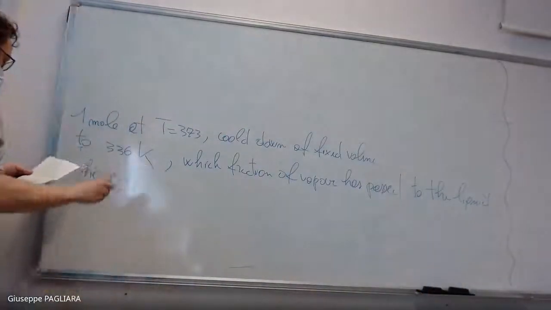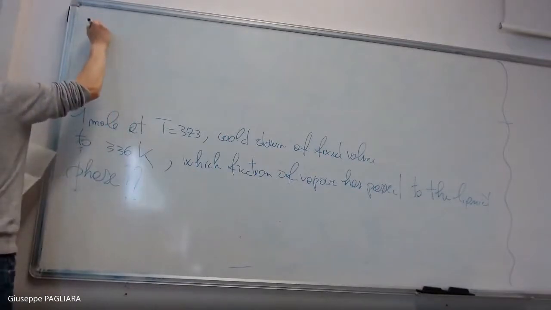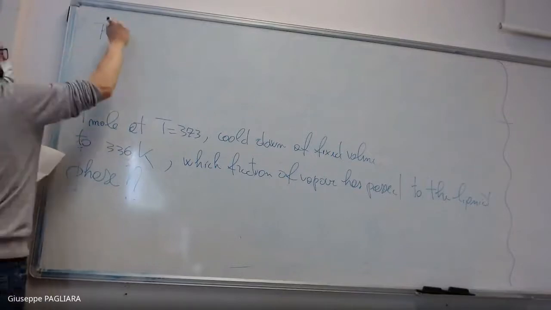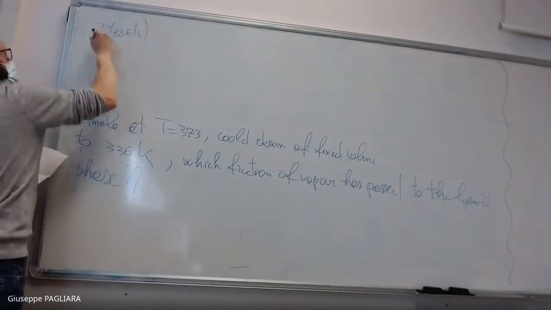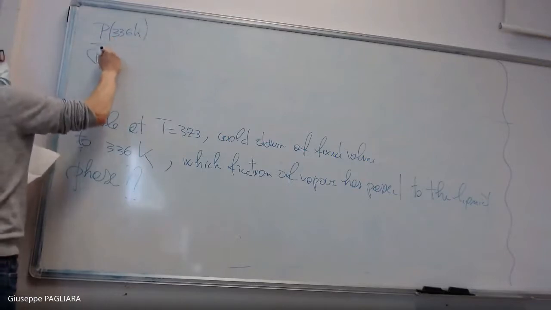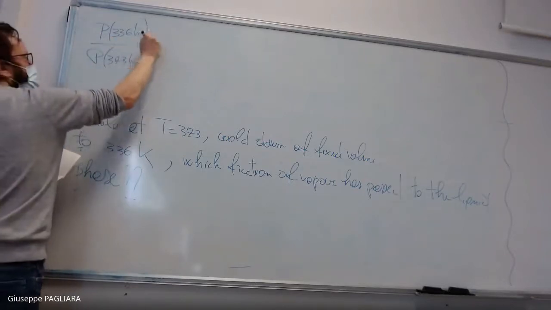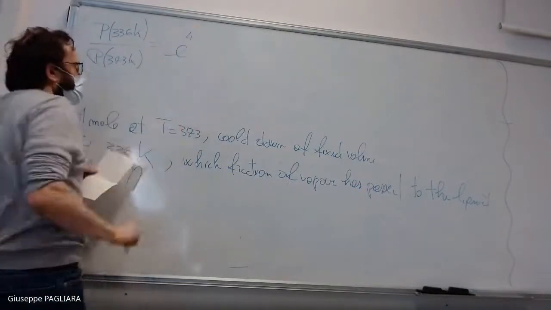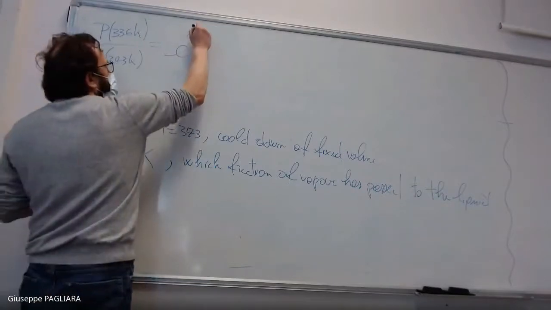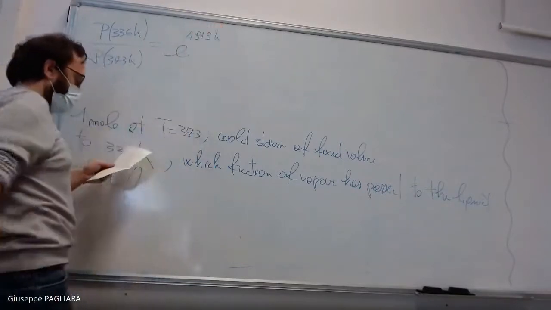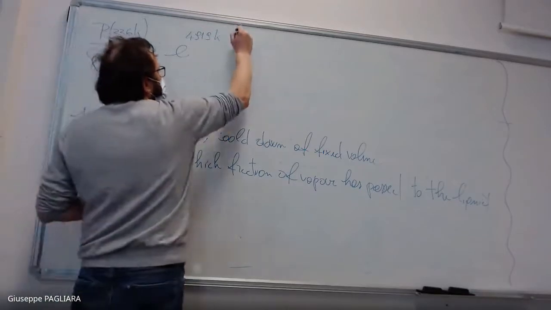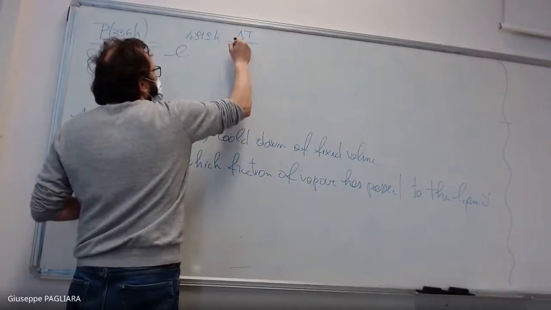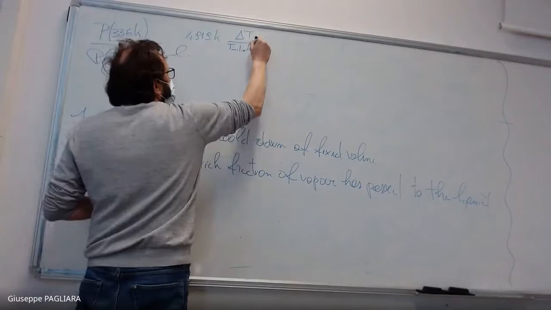So let's say that the equation of before was: the P in the final state, computed for 336 Kelvin, and the P in the initial state, computed at 373 Kelvin, must be equal to the exponential of Q divided by N, which was 4919 Kelvin, times delta T divided by T initial times T final.